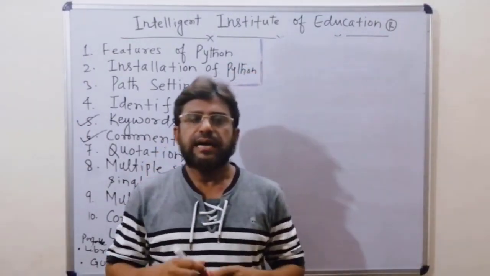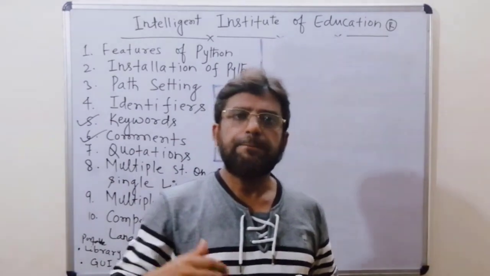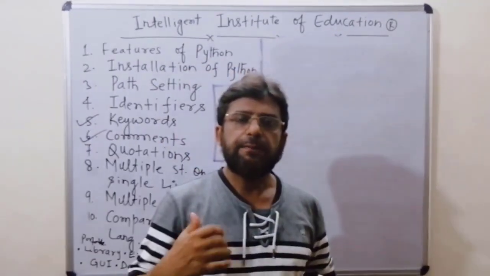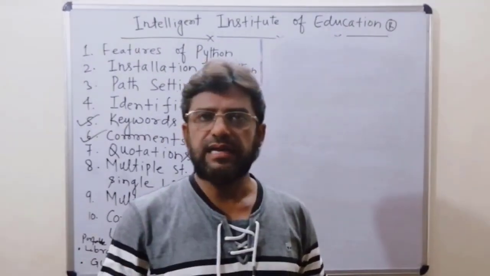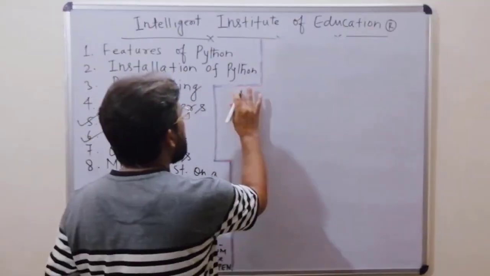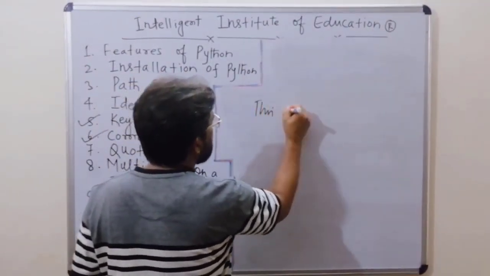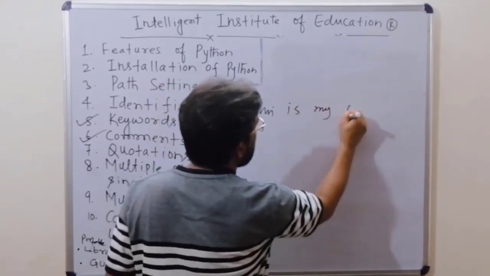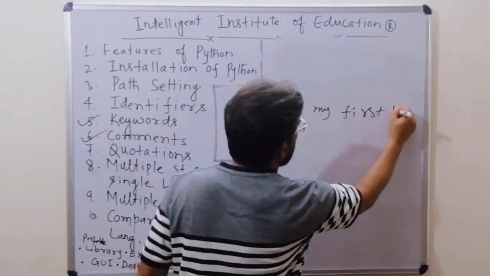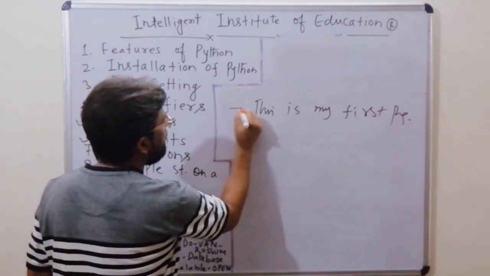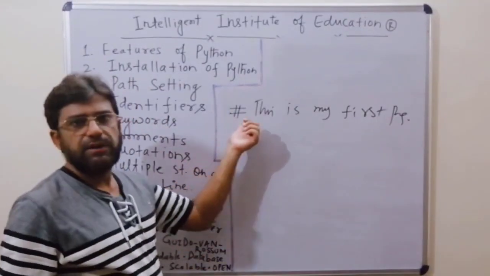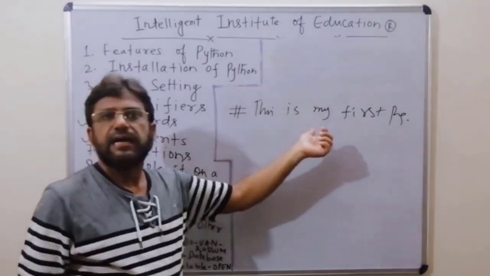A comment will not be compiled by the compiler or interpreter, right? So I am going to write here, this is my first program. We use this hash symbol, and this is called a comment.